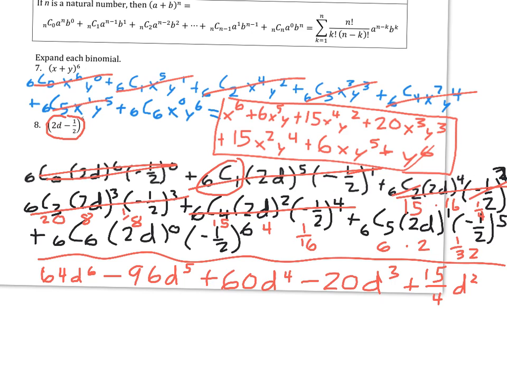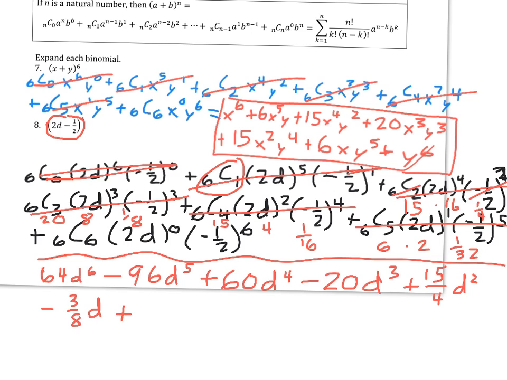We know this one's going to be subtraction. Minus 3/8 times d. This one's done. And notice the last term doesn't have any variables because d is raised to the 0 power.